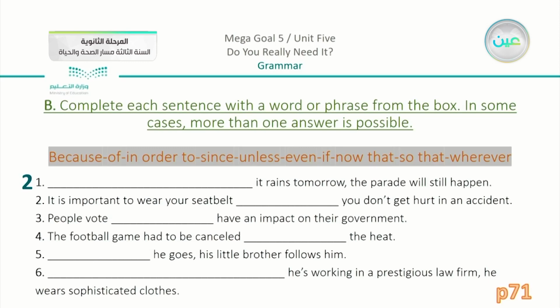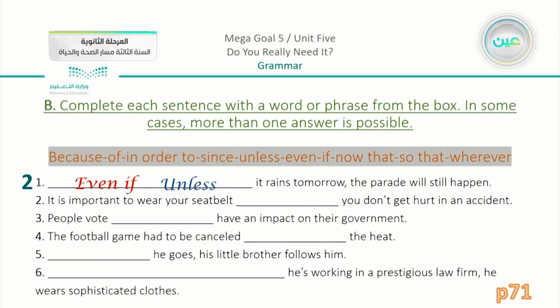And you can see the other choices that we have here. Now, I told you that we have 2 options here. Now we can say, for example, even if, and also unless. So unless it rains tomorrow, the parade will still happen. Now both conjunctions do complete the adverb clause here.